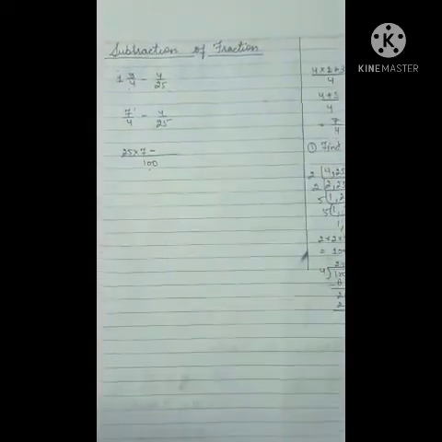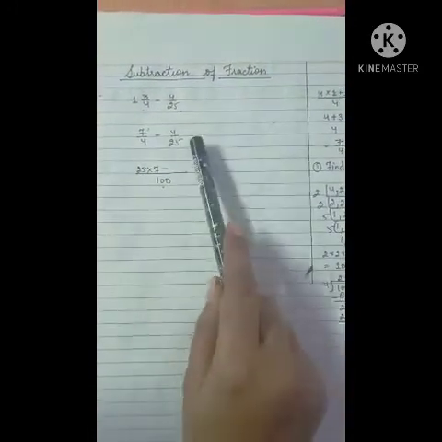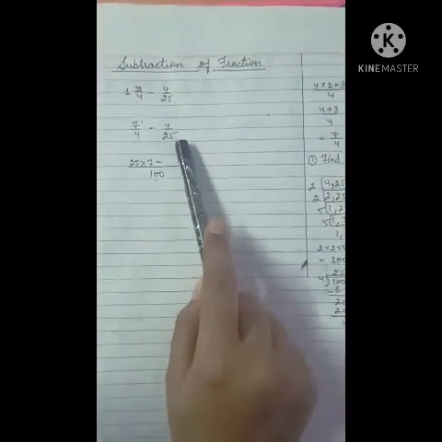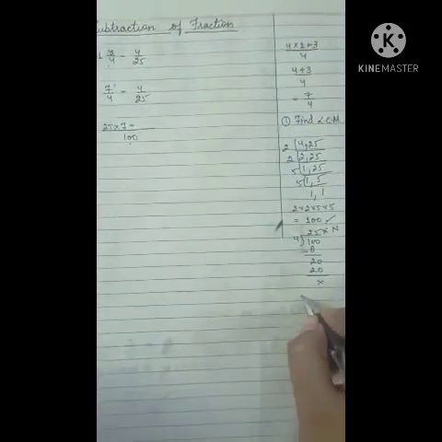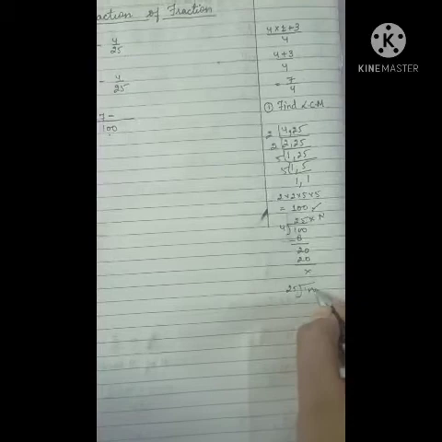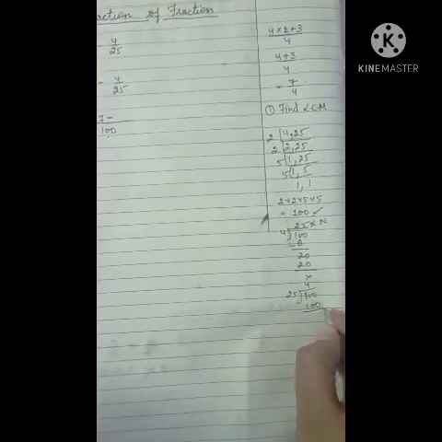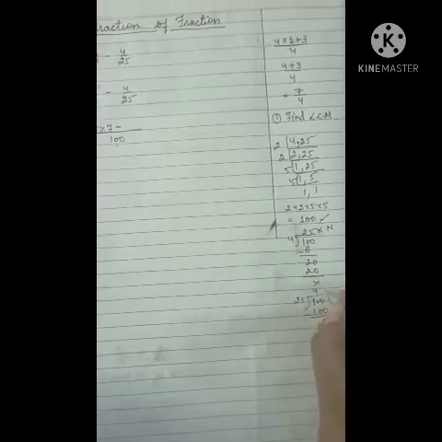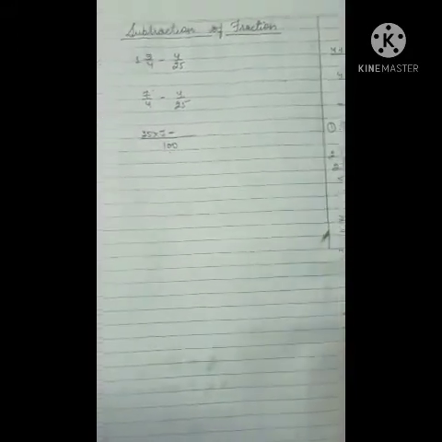Now again we divide the LCM by the denominator of this second fraction. That means we divide 25 and 100. So here we get 4, right? So we multiply this with the numerator of that fraction.